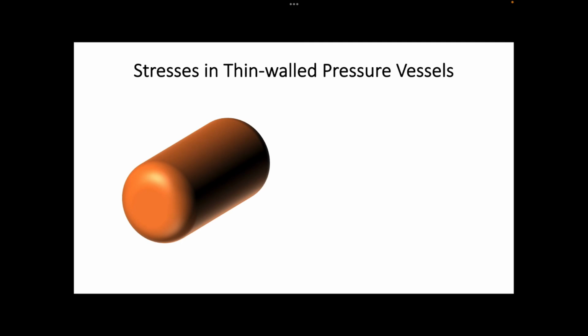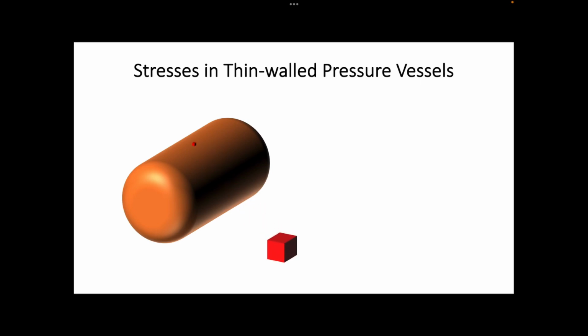Now let us try to understand stresses in thin-wall pressure vessels. Specifically, we will study the stresses for a cube element of material in the main body of the vessel, oriented as shown on the screen. To see it better, let us zoom in on the element.